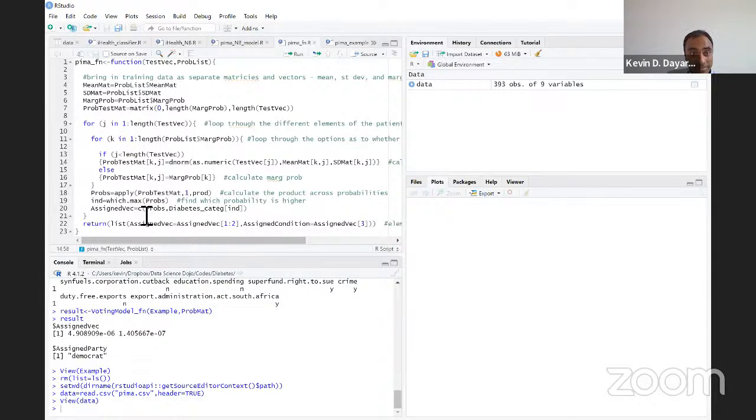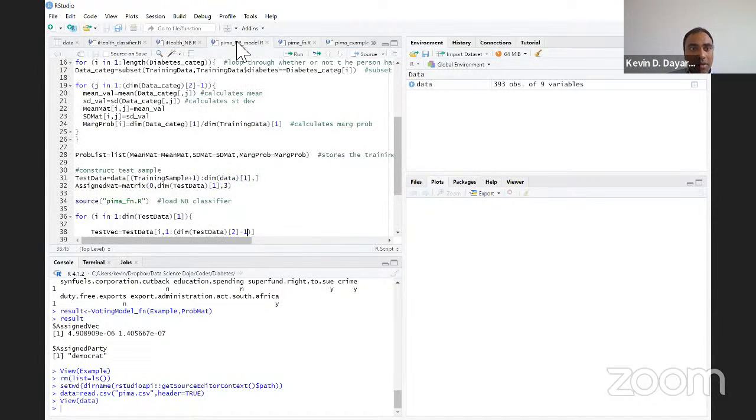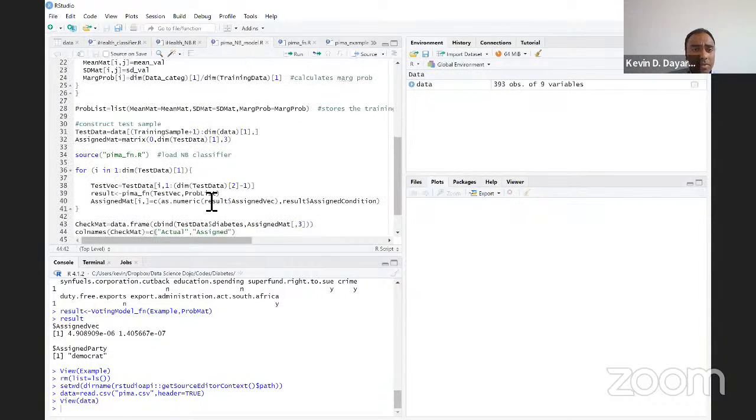We compute the product, and we use which.max to figure out which probability wins. At the very end, we return the probabilities as well as whether or not the model predicts the patient has diabetes. So that's done here. It goes one by one through the test data set, patient by patient.